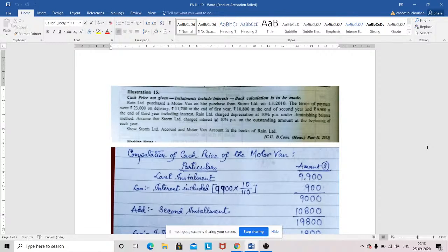So Rain Limited is the hire purchaser. So in the books of the hire purchaser, you need to show the motor van account and the Strom Limited account. These are the two things. Now the difference between the last sum and this sum: in the last class, in the sum that I worked out, the installment was similar in all the years.